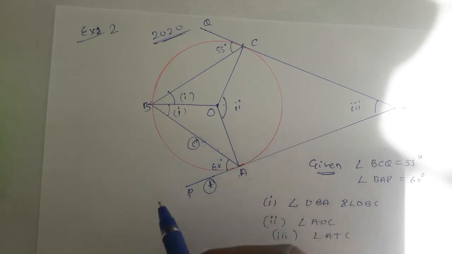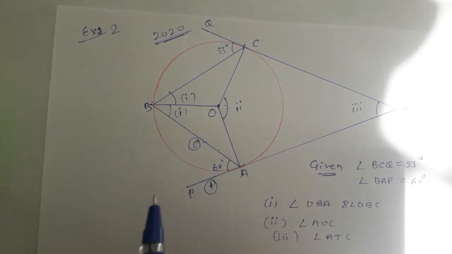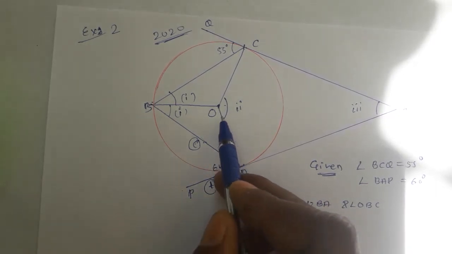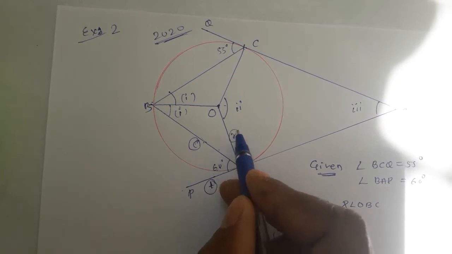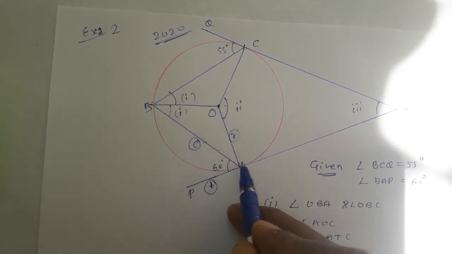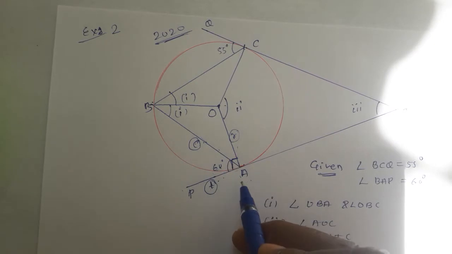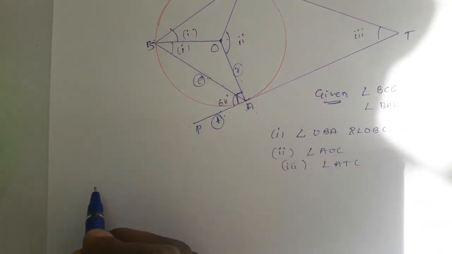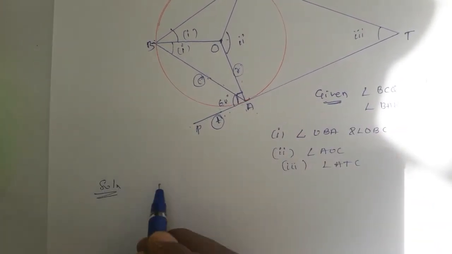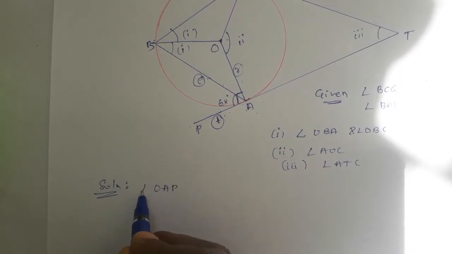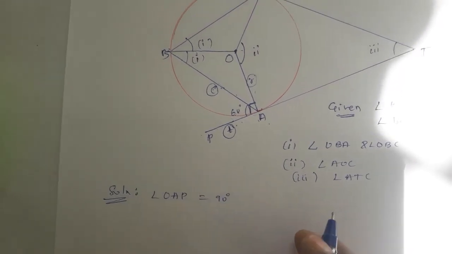What is that? Radius and tangent between is always 90 degree. OA is the radius and this is the tangent, so you know that radius and tangent between is 90 degree. Therefore here the total is 90 degree. Angle OAP, that we write in the solution, not only marking on the diagram. Angle OAP is equal to 90 degree.